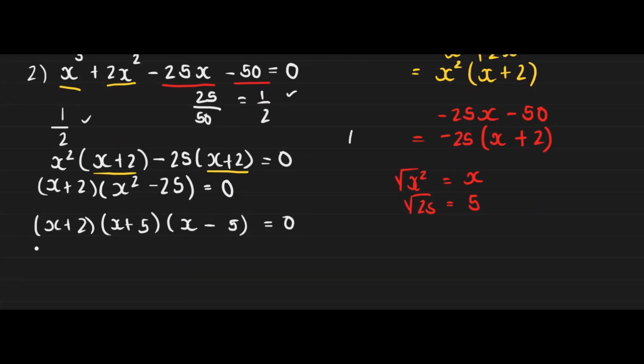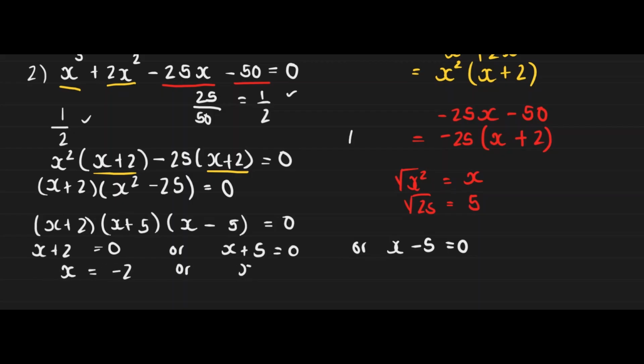So we say x plus 2, the first bracket, is equal to 0, or the other one, x plus 5, is equal to 0, or the last one is x minus 5 is equal to 0. Then take it to the other side, so x is equal to negative 2, or x is equal to negative 5, or x is equal to positive 5. And this will be your final answer.